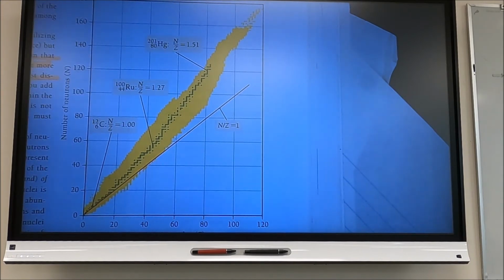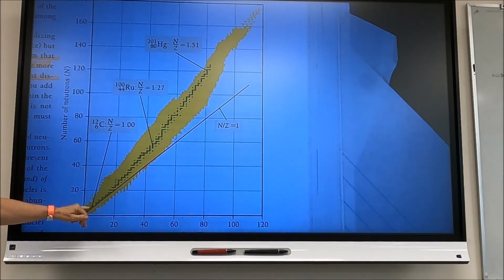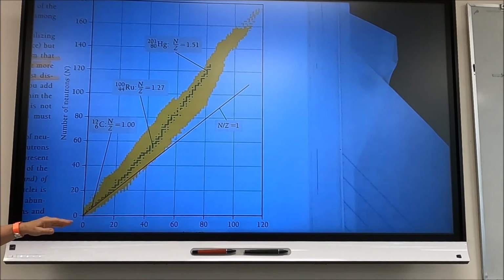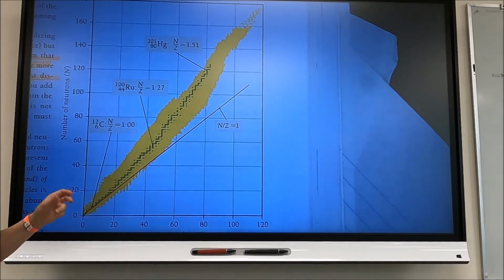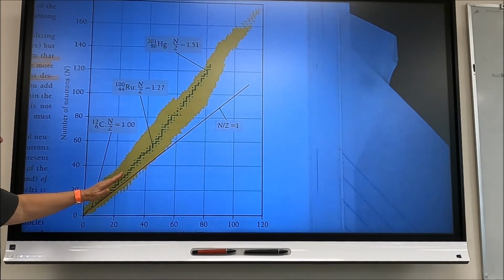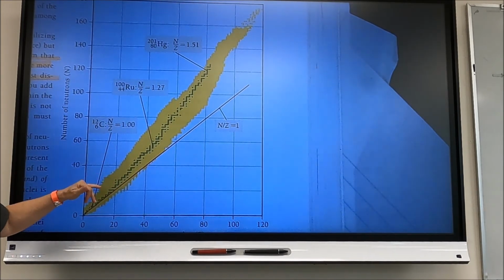Now, the red line there is number of neutrons to number of protons being a 1-to-1 ratio. When we're down here with 6 protons and 6 neutrons, down in that region, 1-to-1 is pretty good. But as the number of protons grows, and we have more proton-to-proton repulsion, because they're like charged, notice that to have a stable nuclei, you need more neutrons than protons.